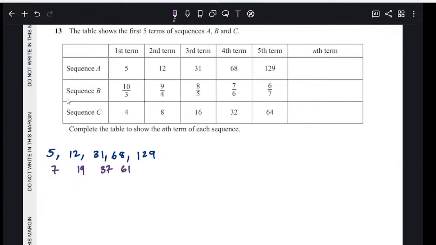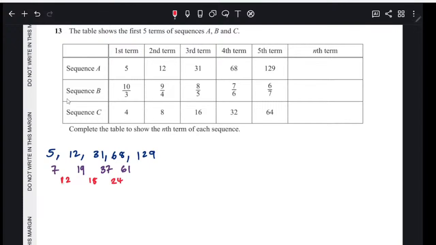So we now go for the second difference. 19 minus 7 is 12. 37 minus 19 is 18. 61 minus 37 is 24.